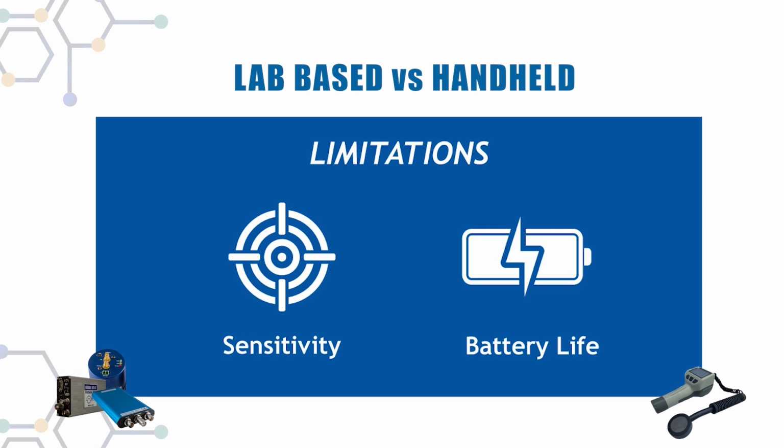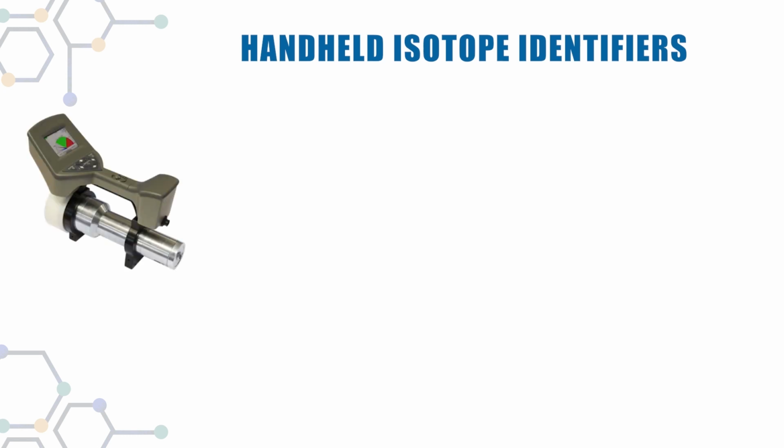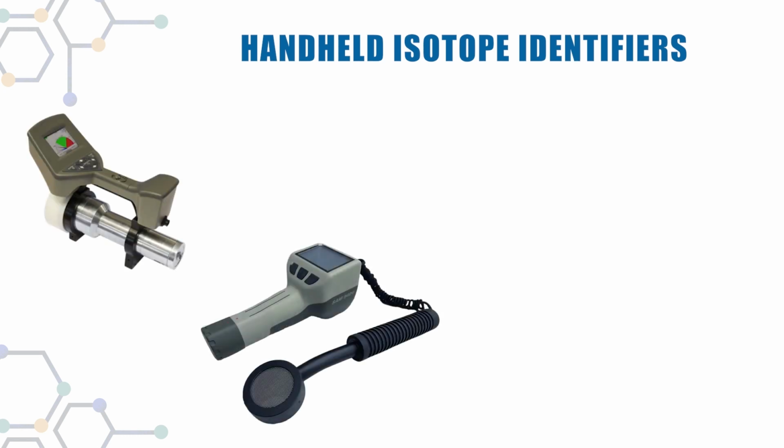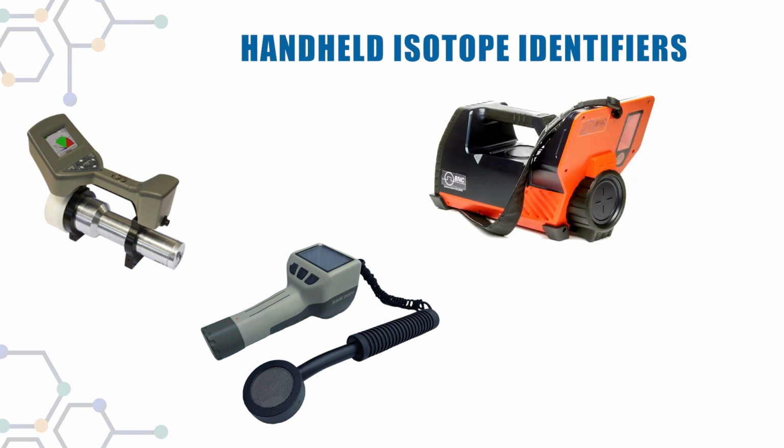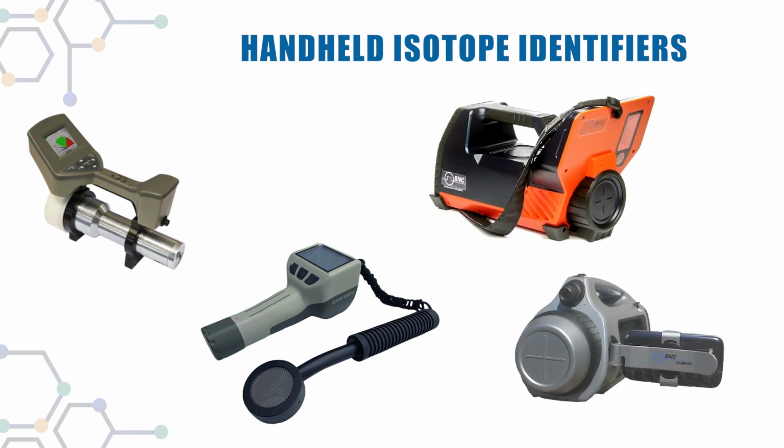Battery life: being portable, these devices have a limited battery life, which can be a constraint during extended field operations. Among the notable models in the market are the SAM 940 isotope identifier, the SAM 940 Plus, the SAM 950, and the SAM 945.